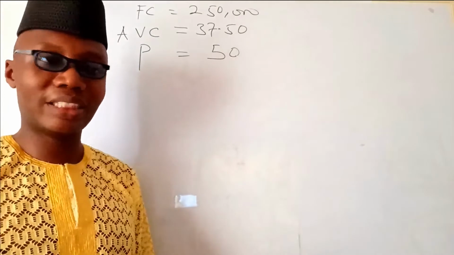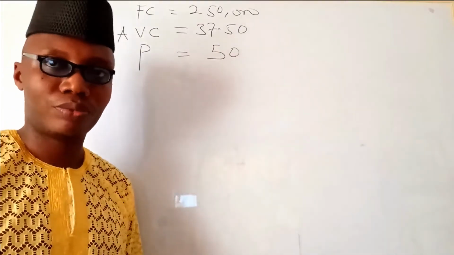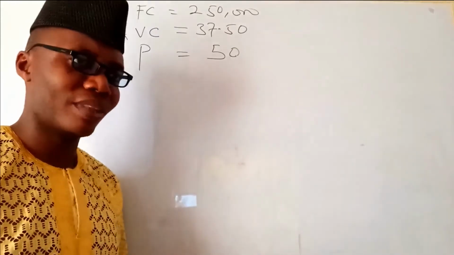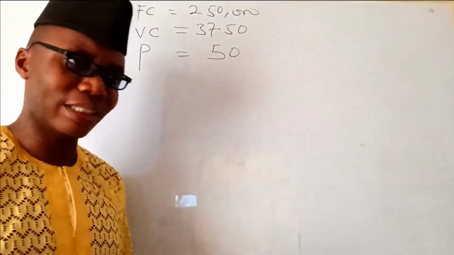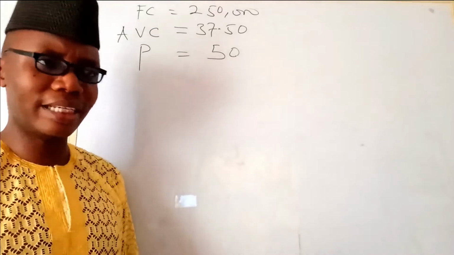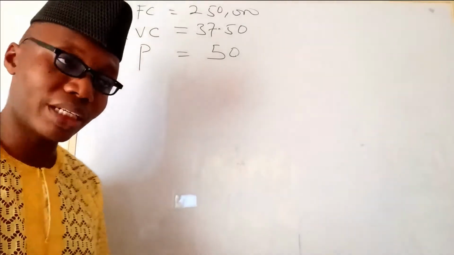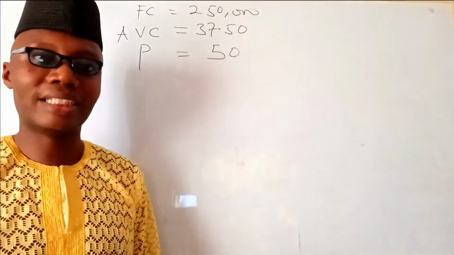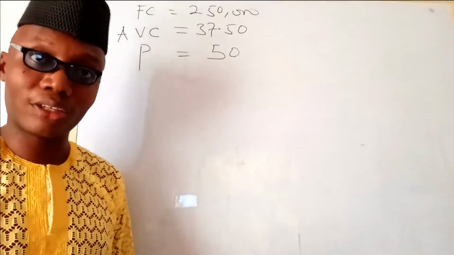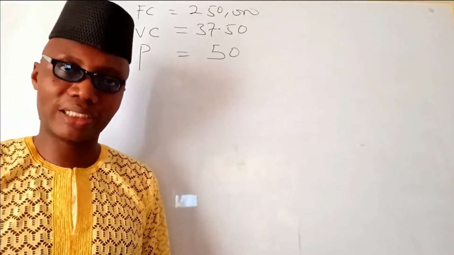Avoid losses means they will not make profit and also they do not make loss. So what is that quantity whereby when they produce it and go to the market to sell it, they will not make losses? If they don't make losses, indirectly they are telling you that they also do not make profit. So that means what they had was zero. Zero doesn't mean loss to an economist when it comes to business. It is when you begin to go below zero that you can start talking about losses.